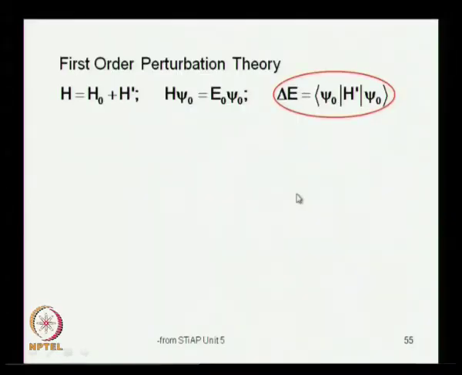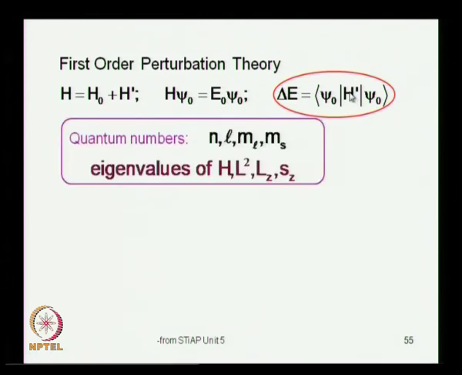So those considerations lead us to the determination of the perturbation correction, which is given by the usual form of first order perturbation theory: the first order correction is given by the matrix element of the perturbation Hamiltonian in the unperturbed state.